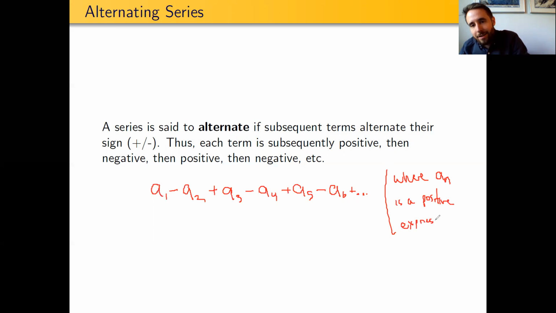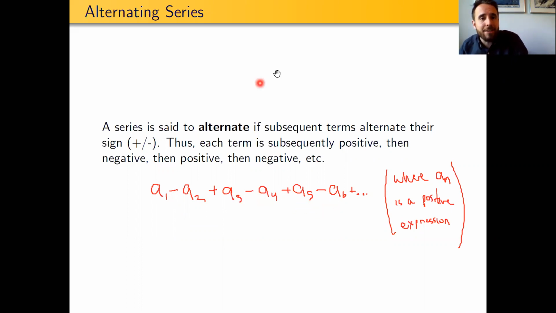And so the idea is that if a sub n is a positive number, then this term is truly positive, while here I'm subtracting something positive, that makes it negative, plus something positive, minus something, plus something, minus something, and so on.